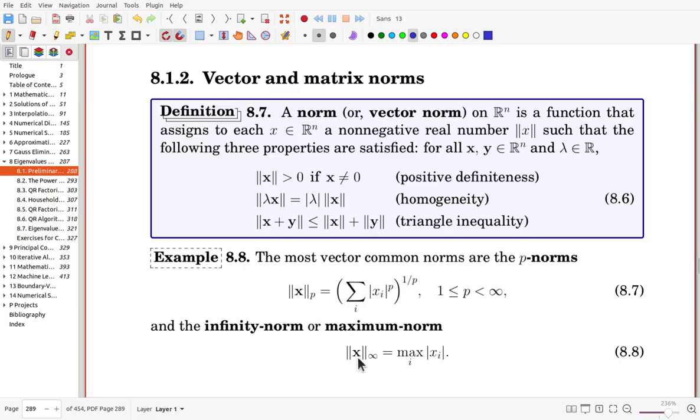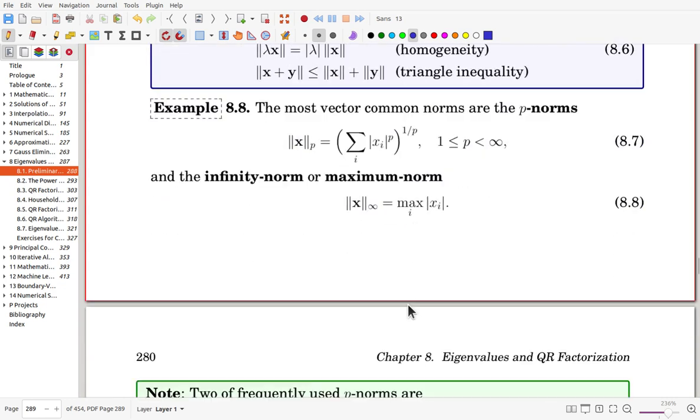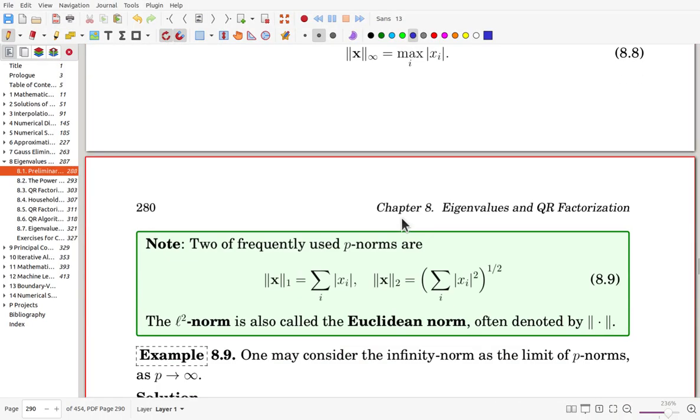Now, the infinity norm or maximum norm is just to get the largest entry in modulus. Here we have two frequently used p norms. One norm is power 1 and 1 over 1 power, so that eventually we have this form, the summation of absolute values.